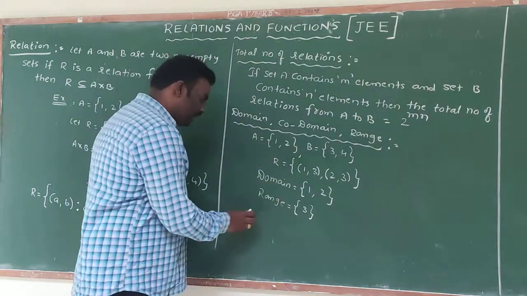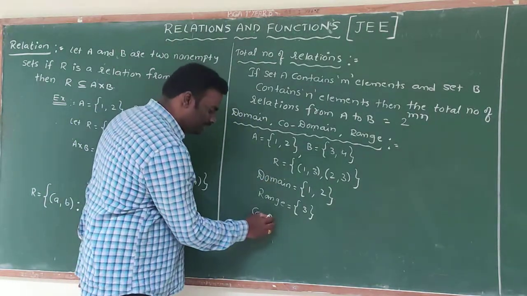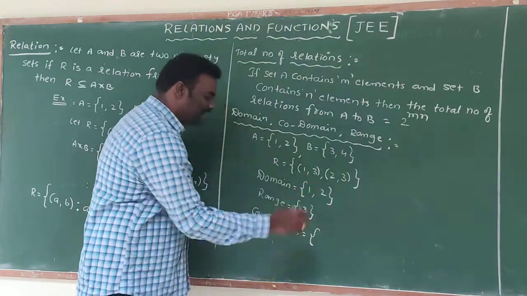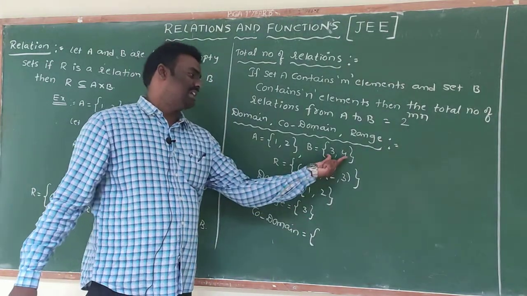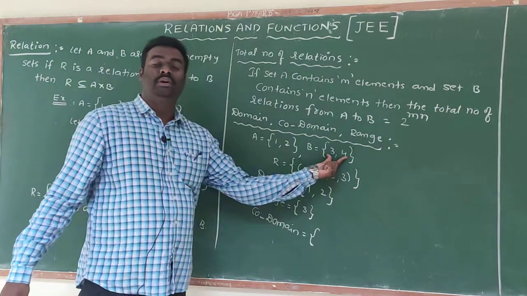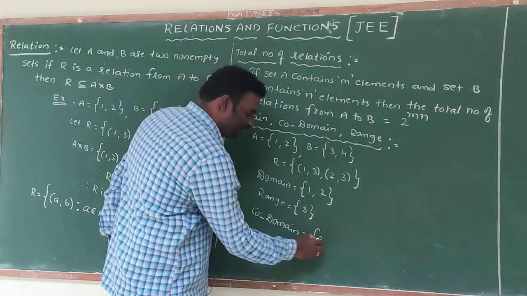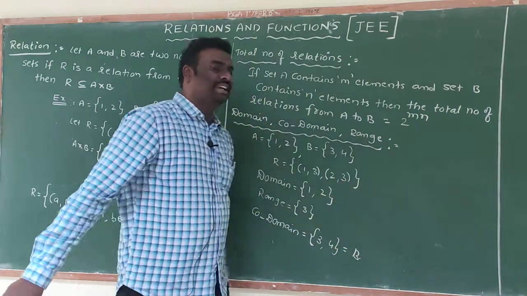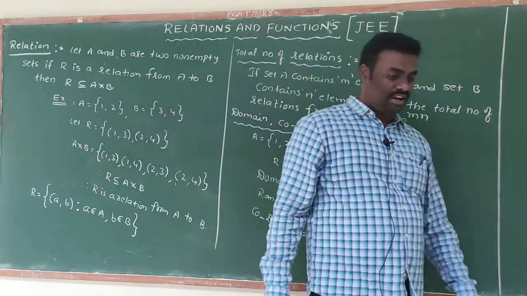Then what about codomain? Codomain is the second set taken completely. What is the second set? 3, 4. That is called codomain.